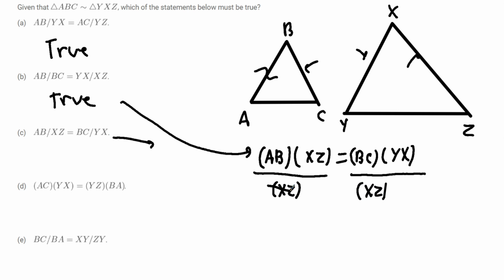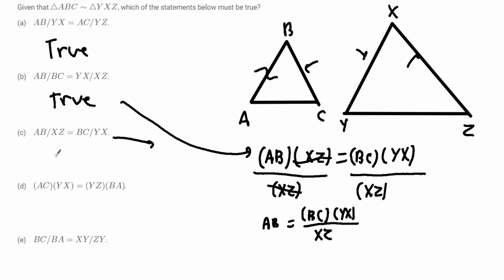Well, these would certainly cancel out, and we would have AB equals BC times YX over XZ. Now that didn't really get us what we wanted. We wanted AB over XZ.